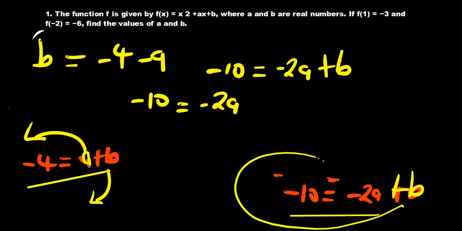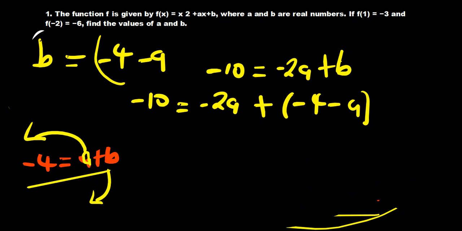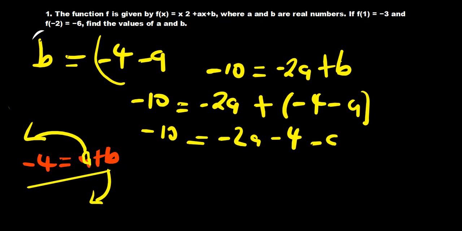Our b is this expression, so we're going to put this expression in: negative 10 is equal to negative 2a plus negative 4 minus a. So now let's solve.